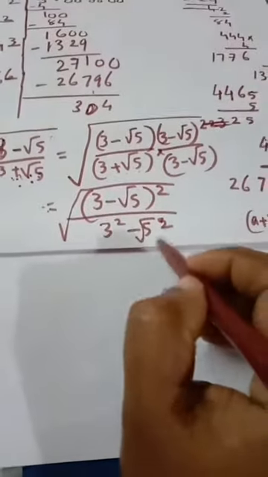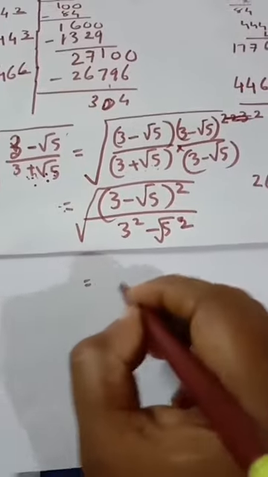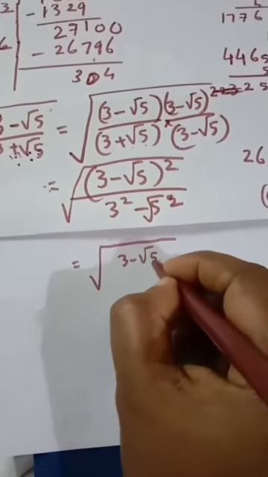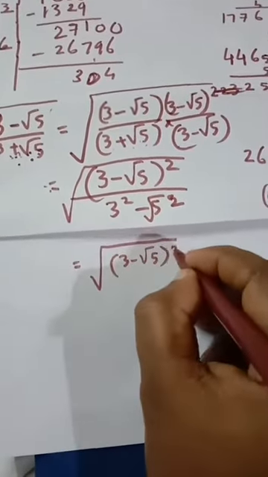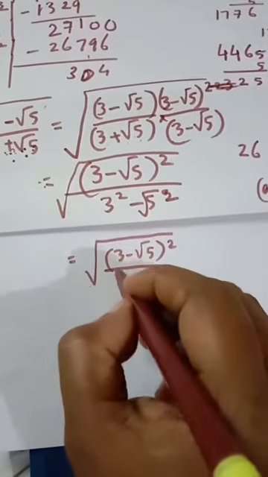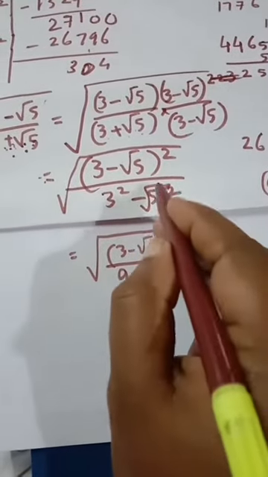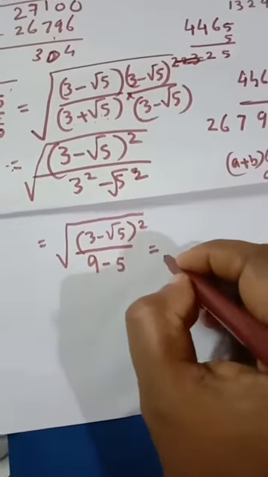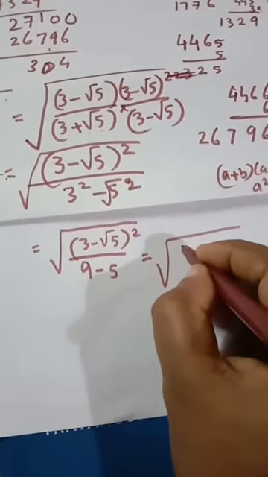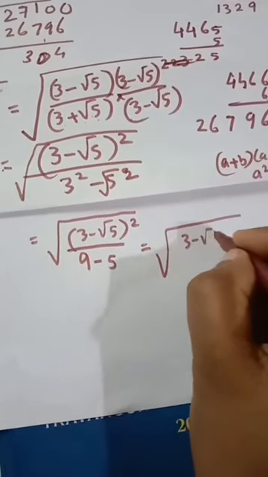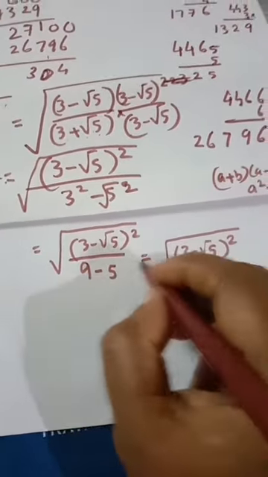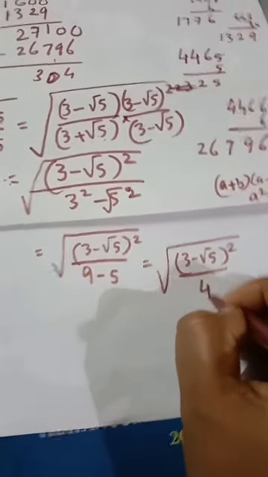So 3 square minus root 5 square. It is written as root of 3 minus root 5 the whole square divided by, what is 3 square? 3 square is 9. Root 5 square is 5 itself. Root of 3 minus root 5 the whole square divided by 9 minus 5 is 4, root 4.